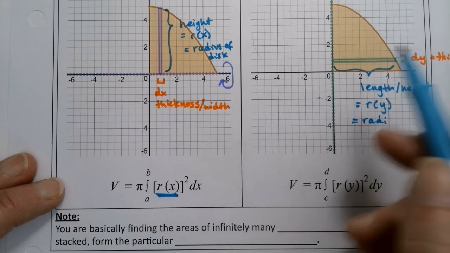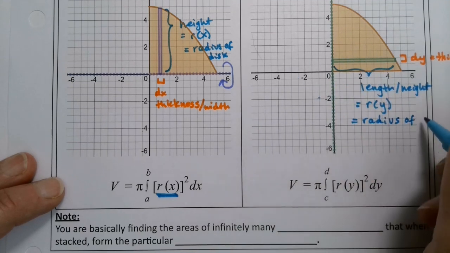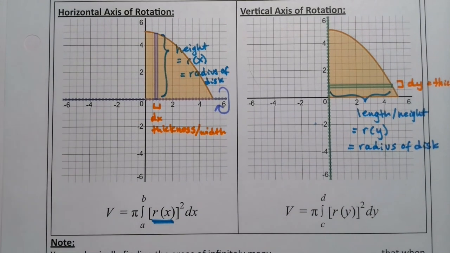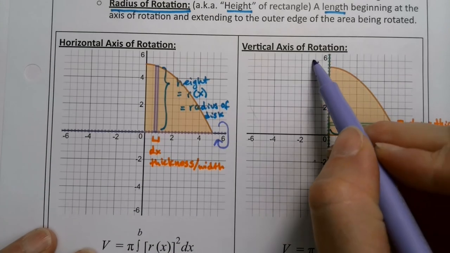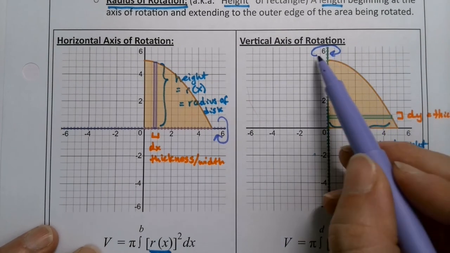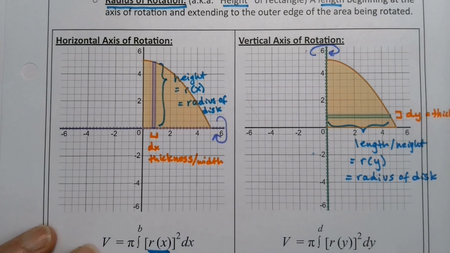Going around the y-axis. It's called the radius of rotation. And then your axis of rotation is that dotted line. You're rotating around the y-axis, so you denote that with an arrow up like that.